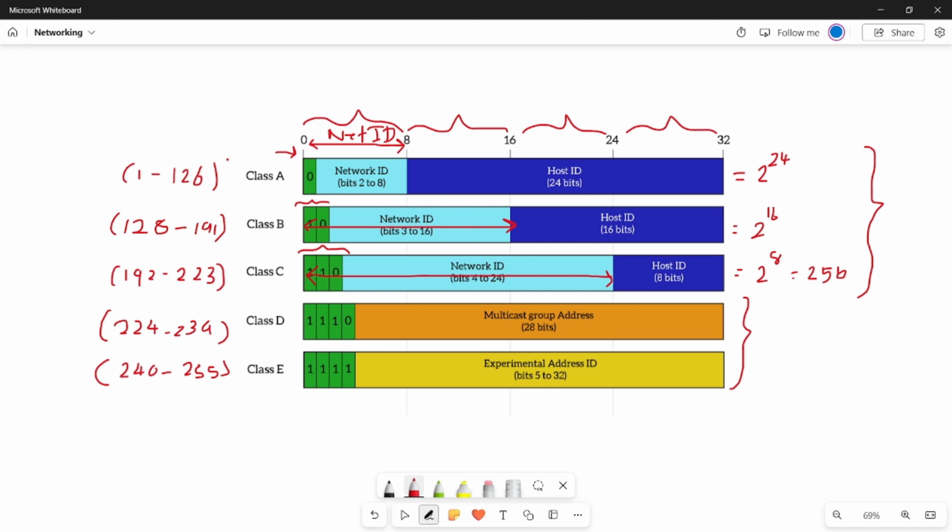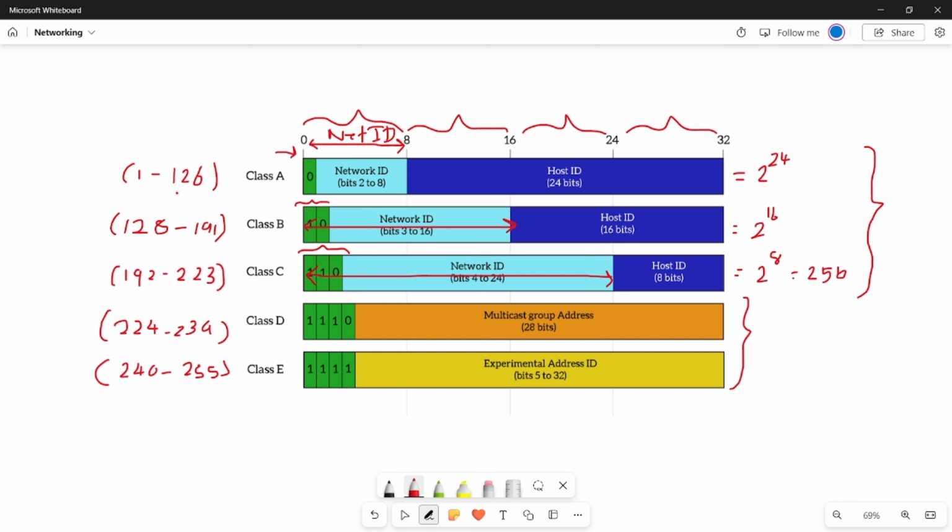So these are the ranges of the classes. We have to keep those in mind to identify whether a given IP address is class A, B, C, D or E.